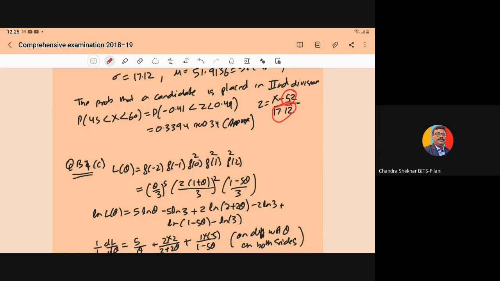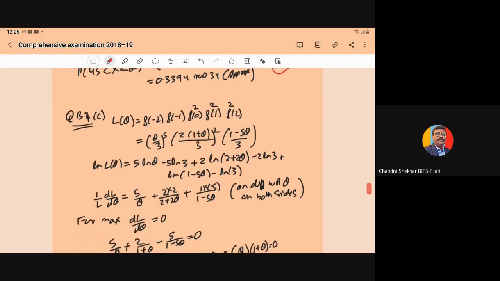So this will become theta upon 3 power 5, 2 into 1 plus theta upon 3 whole square, and 1 minus 5 theta upon 3. So when we take the natural log on both sides, the left hand side will become ln of L(theta), and the right hand side will become 5 into ln theta minus 5 into ln 3 plus 2 into ln of 2 plus 2 theta minus 2 ln 3 plus ln of 1 minus 5 theta minus ln 3.